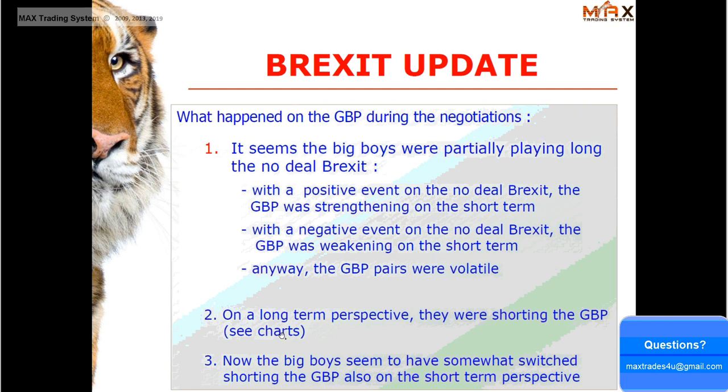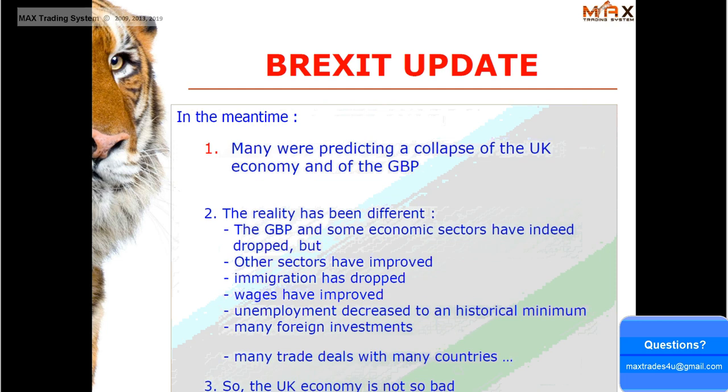As you know, during the negotiation period, a lot of people on both sides, especially in the European Union, forecast or predicted a collapse of the UK economy with the Brexit, and so an important collapse of the pound. We have seen that the reality is completely different.